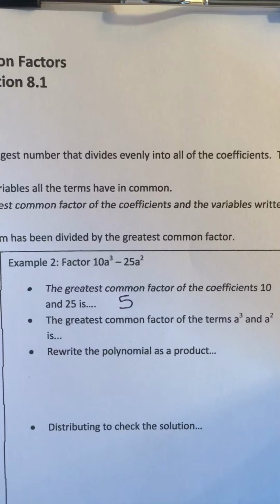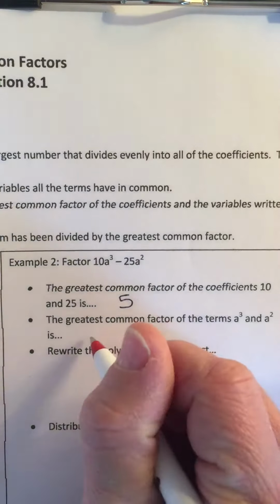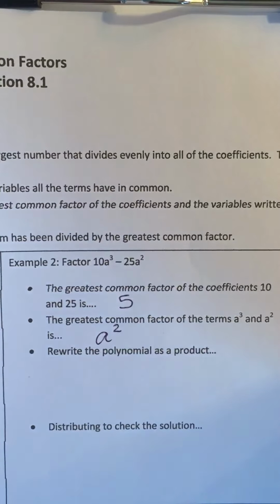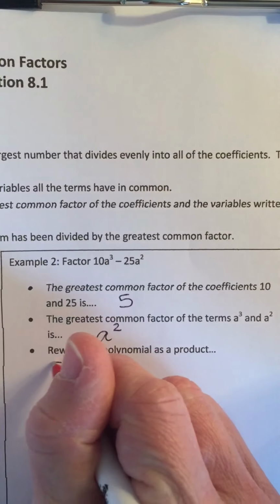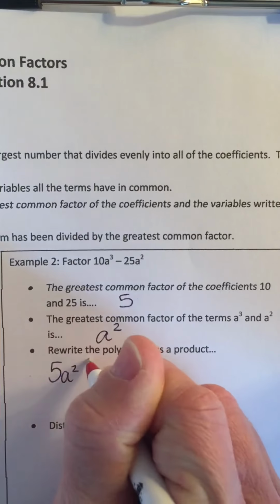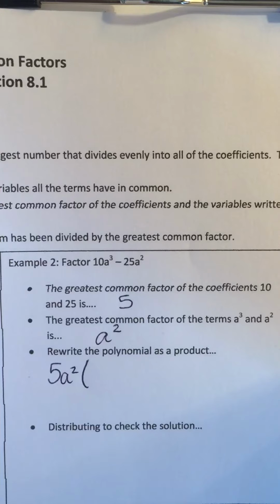Looking at the variables, the first term has an a cubed, the second term has an a squared. The largest thing in both of those terms is a squared. So that means we can divide out a 5a squared from both terms.